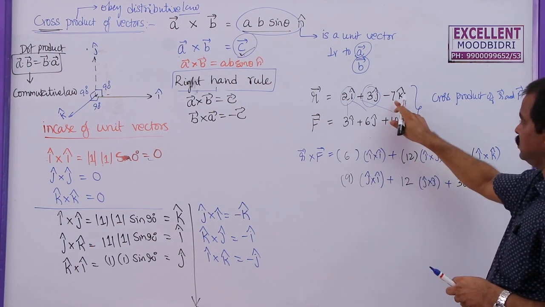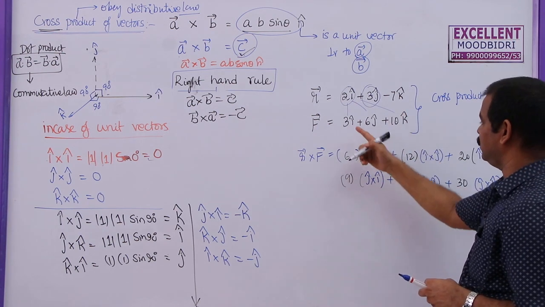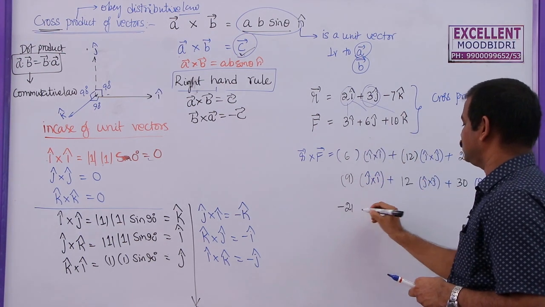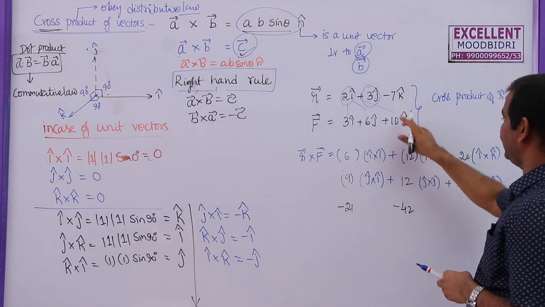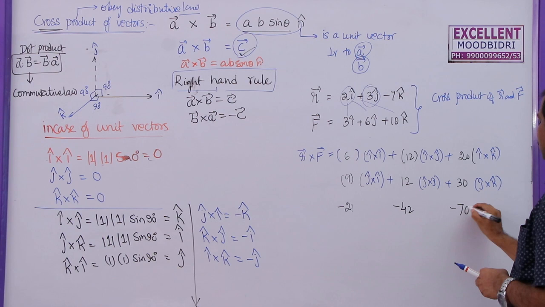Now third one, as it is negative, so I am writing 7 3s are minus 21, minus 7 into 6, minus 42, minus 7 into 10, minus 70.